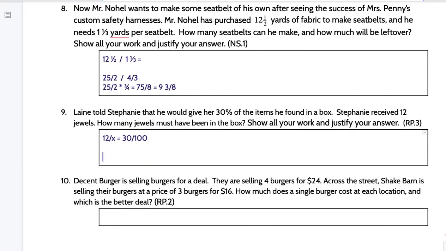Or another way is to find what 10% is and do it in your head. 12 is 30%, so how do you get to 10%? 10% would be 30 divided by 3, so 12 divided by 3 is 4. So 4 is 10%. If 4 is 10%, how do you get 100%? You multiply by 10. So there's 40. So this would be 12 over 40 equals 30 over 100. There's a total of 40 things.